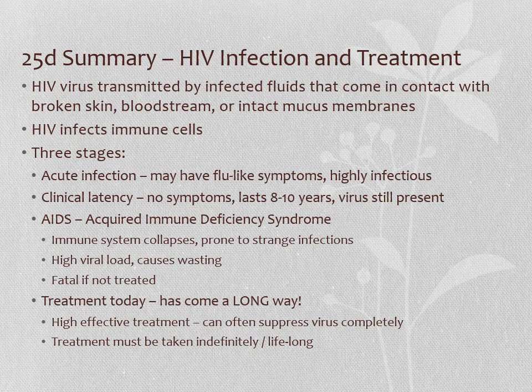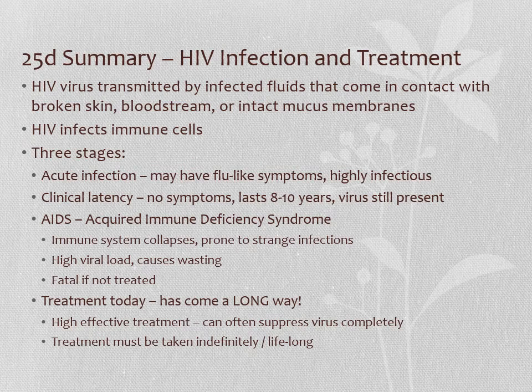So in summary, HIV is a virus transmitted by infected fluids that come into contact then with either broken skin or the bloodstream or intact mucous membranes. For most people, this is sexual activity. It infects the immune cells, very sneaky, and there are 3 stages of infection.